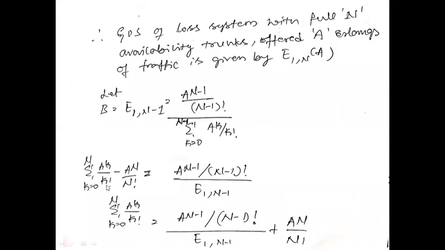As you can see in this equation, on the left hand side, the summation of a power k over k factorial between the interval 0 to n minus 1 is as good as the summation of a power k over k factorial in the interval 0 to n, minus a power n over n factorial. We have taken the denominator to the left hand side, and we are representing the equivalent of the same summation in the other way.